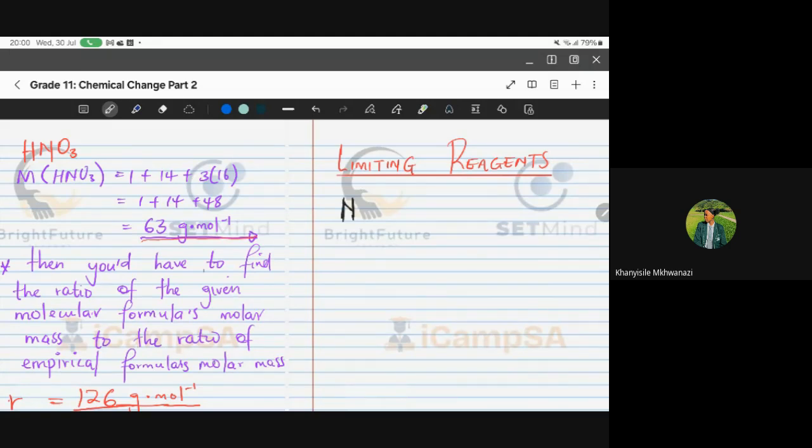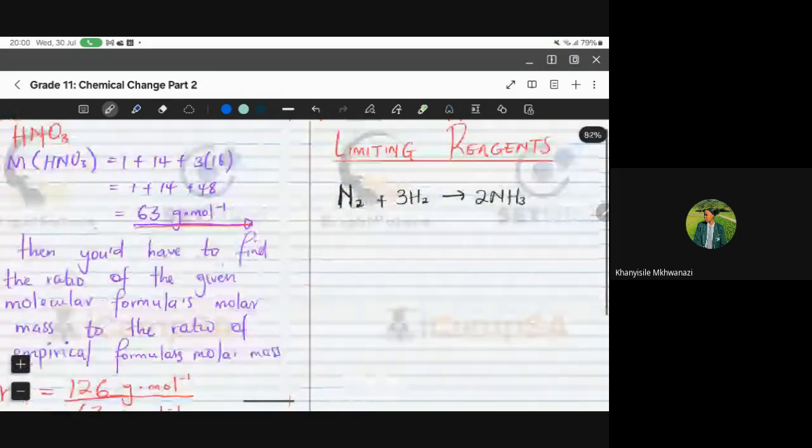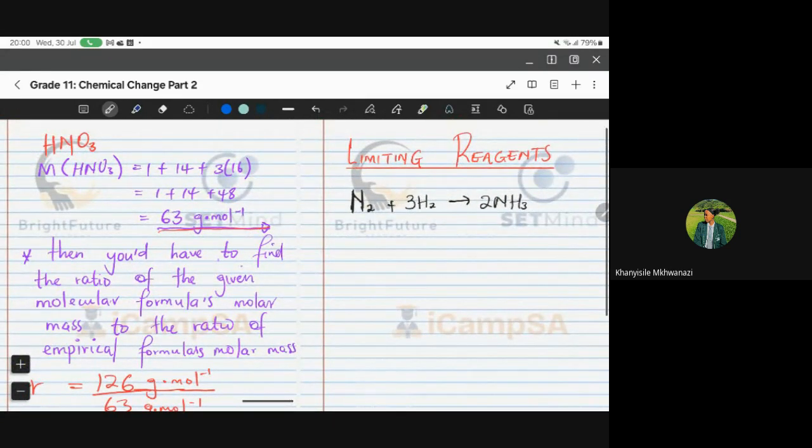But anyway, let's try and do it. So we have nitrogen reacting with hydrogen. Obviously, you would need 3 of these, and then that gives you 2 of ammonia. Okay, it looks balanced. So this equation, obviously, you would say a mole of nitrogen reacts with 3 moles of hydrogen to give you 2 moles of ammonia.